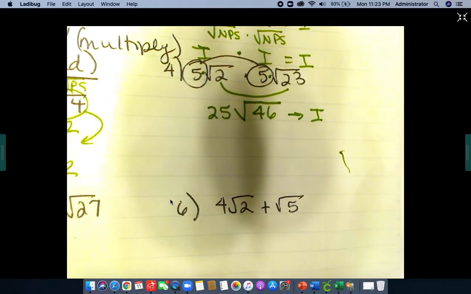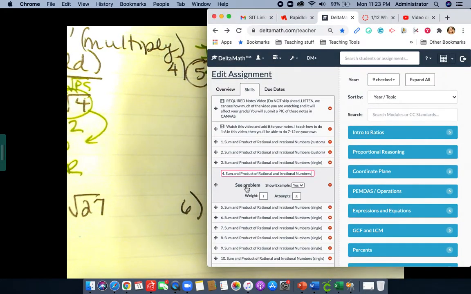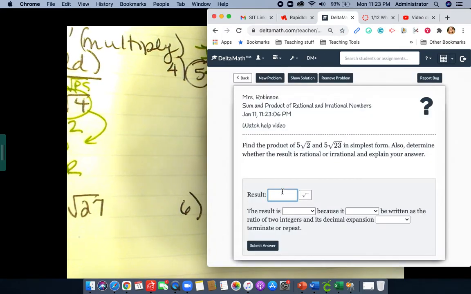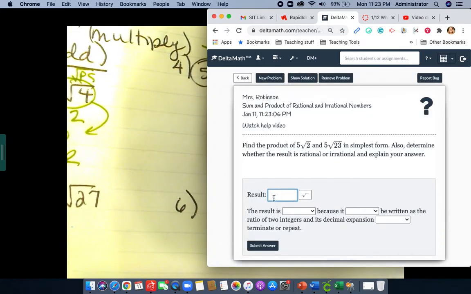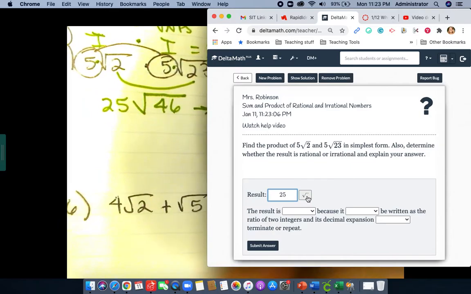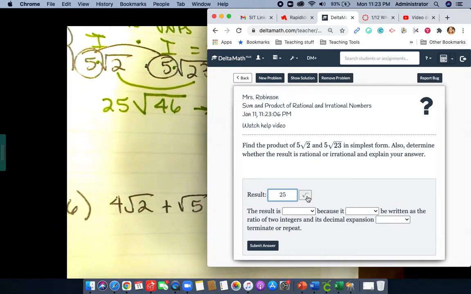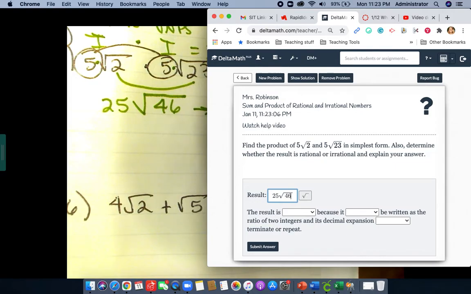So I'm going to put irrational, but in here, when I go to type in my answer for 4, notice it says in simplest form. So I'm typing this answer into my result box: 25 square root 46.